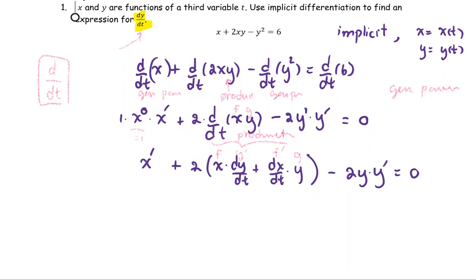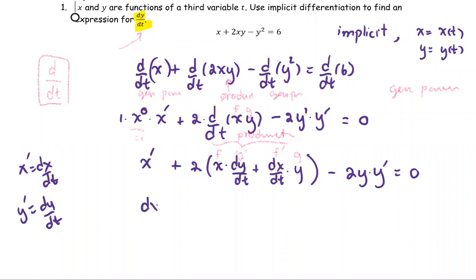To keep the notation consistent, the x prime is dx by dt and the y prime is dy by dt, so I will keep it as the full notation.